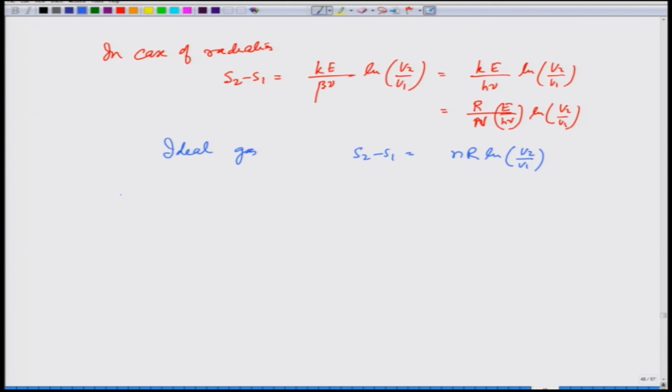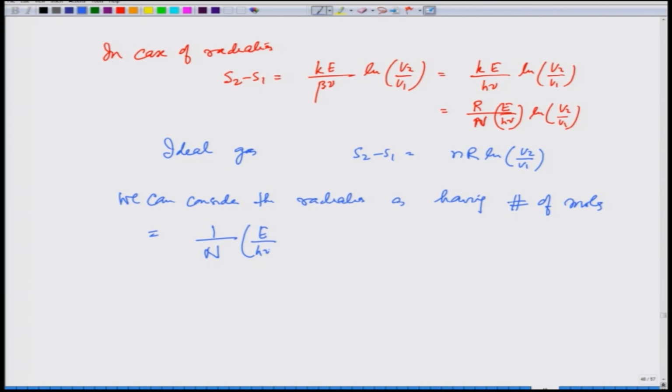So, this means we can consider the radiation as having number of moles equals 1 over n E over h nu, right, number of moles equals this much, and behaving like an ideal gas.